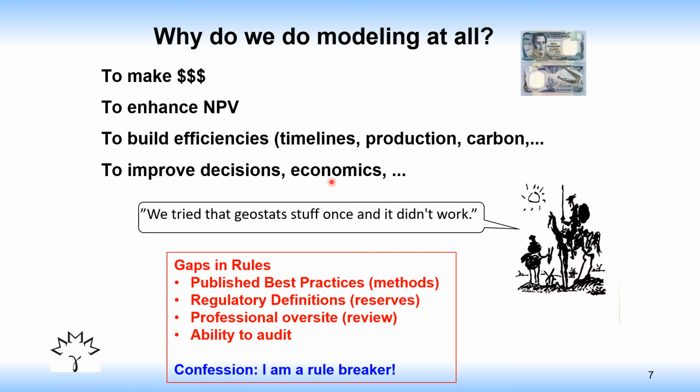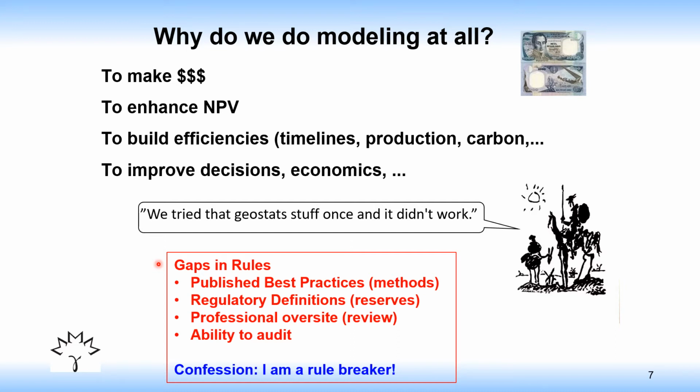And there are barriers, of course, to new technologies. And so this is tongue-in-cheek, but it's reality that some people have had poor results with modeling geostats, and so they're reluctant to use it. But one of the issues in our industry is that there are gaps in rules. We don't have industry rules around modeling.